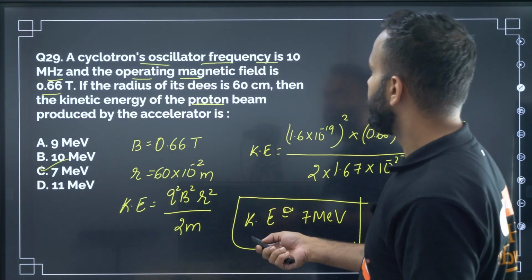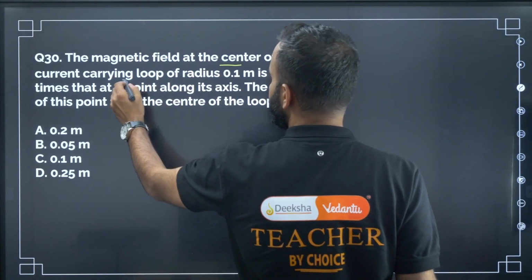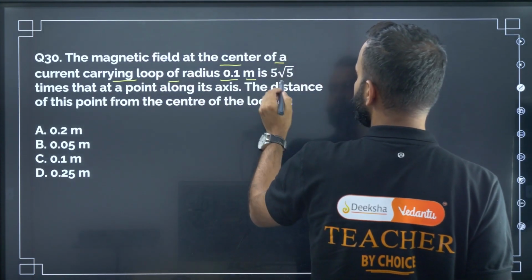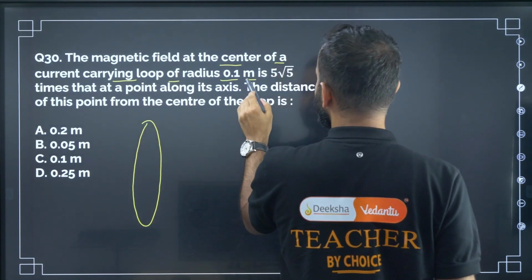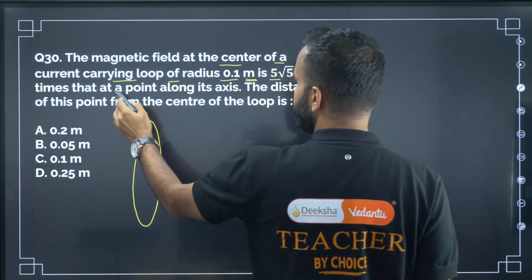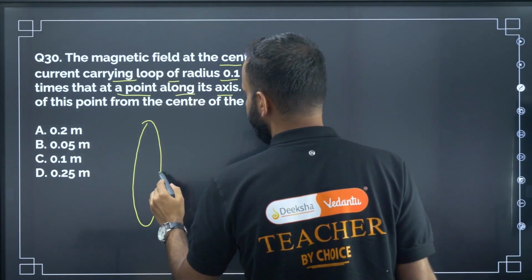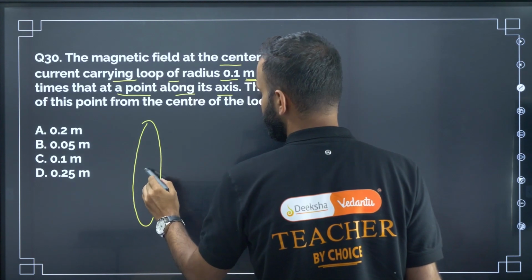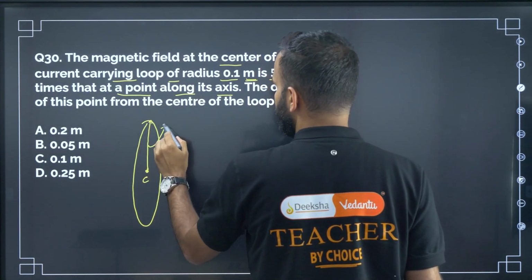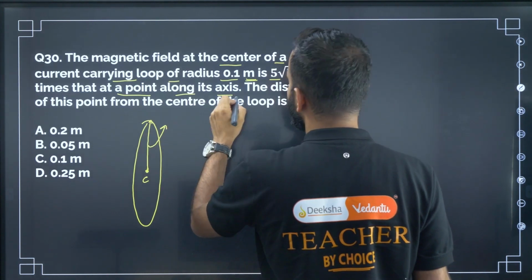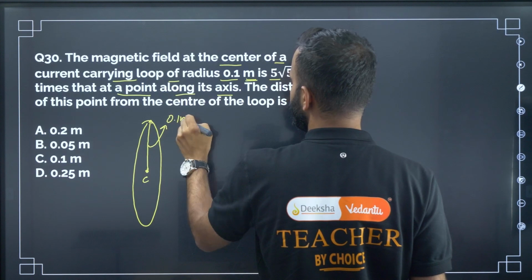Next question, question number 30 and the last one. The magnetic field at the center of a current carrying loop of radius 0.1 meter is 5 root 5 times that at a point along its axis. At this point, this is center C. Here the radius is 0.1 meter, that is 10 centimeter.